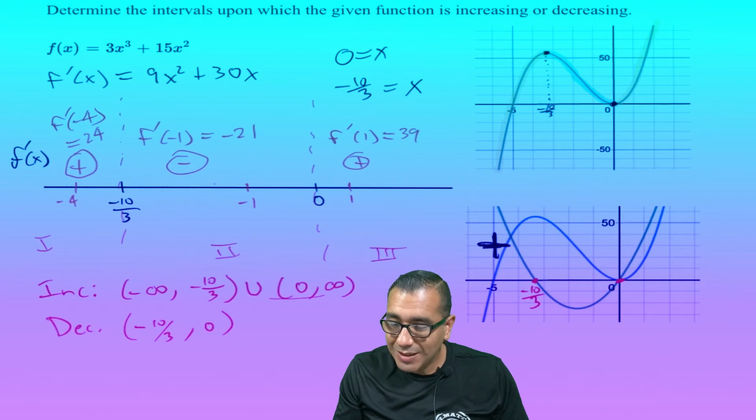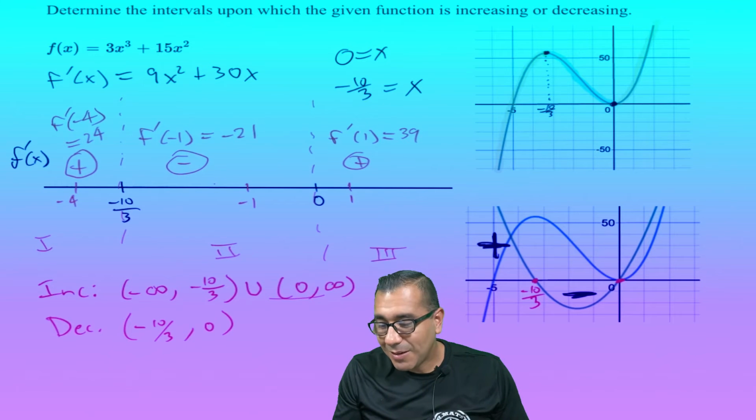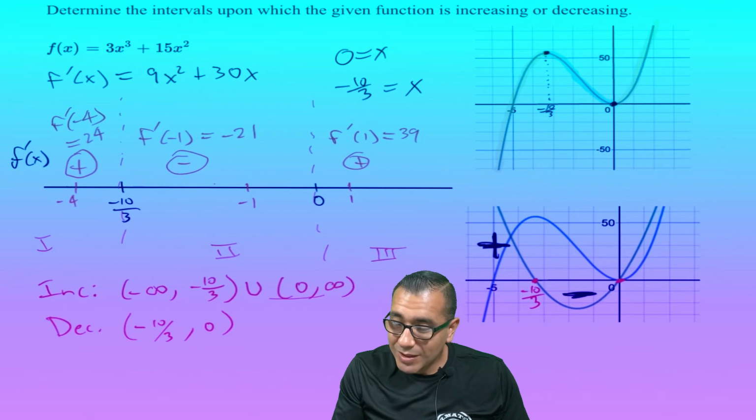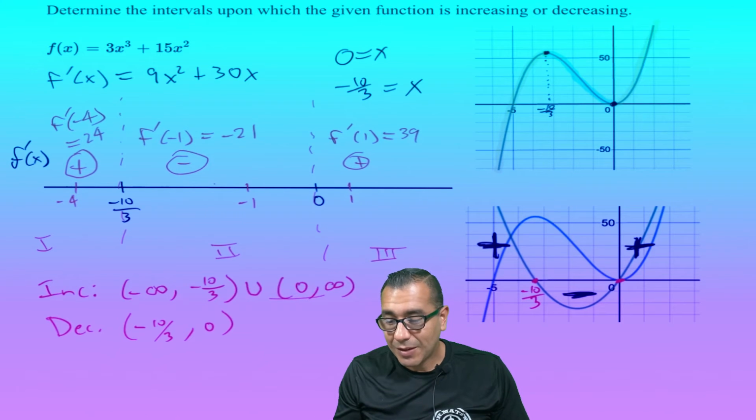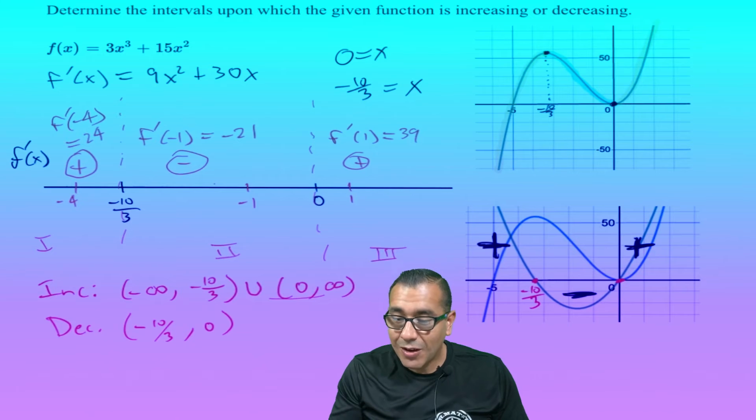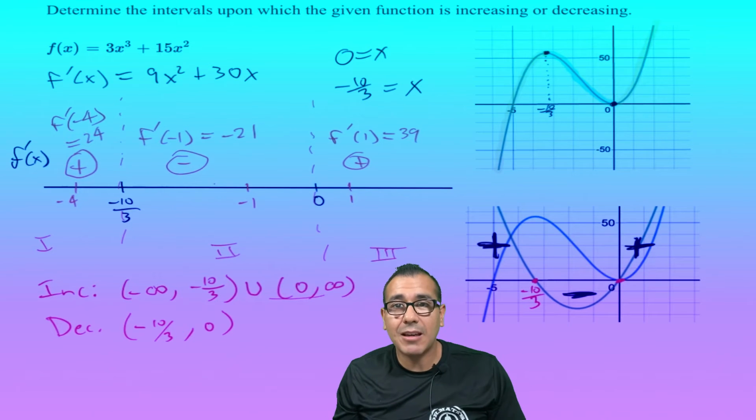In between negative 10/3 and 0, look at where our graph lies. It's below 0. It's negative, right? And then to the right of 0, we see that our graph is above the x-axis. It's positive. And again, it just matches everything we've been saying, because we know when our derivative is above the x-axis, we know in that region the function is increasing. And that's exactly what we saw.